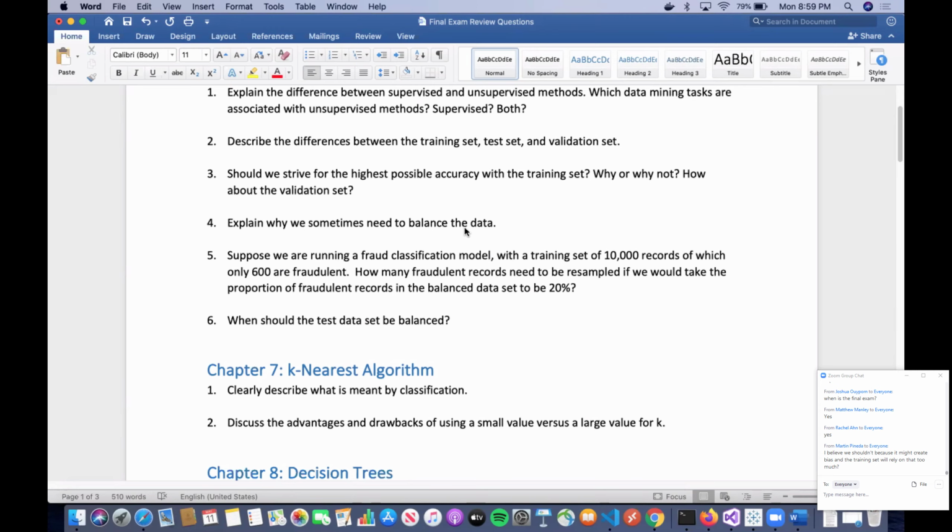So the optimal level of model complexity is what we want to achieve. I think there's a slide in chapter 6 where we talk about the optimal level of complexity. Once we go to the left of that, that will lead to underfitting.